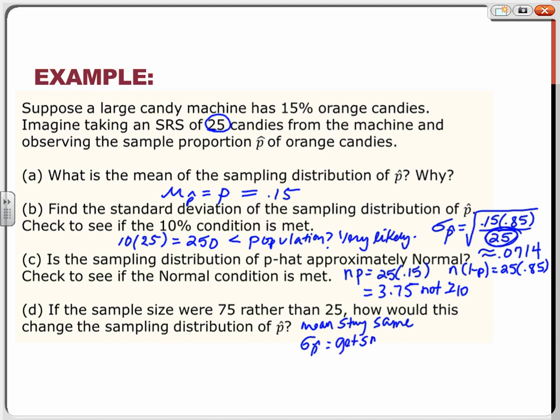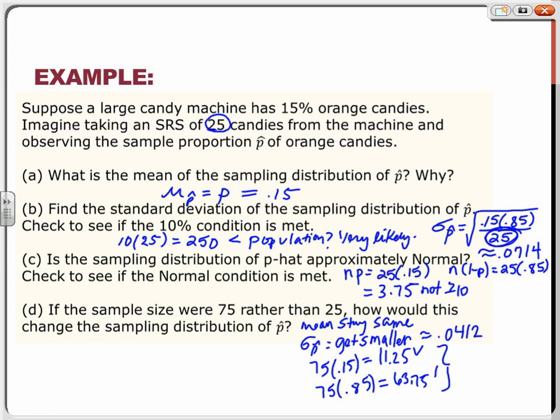In fact, you can put that in and see it's approximately 0.0412, which is smaller. And what about normality? Is that met? If I did 75 times 0.15, I got 11.25, and 75 times 0.85, I got 63.75. So the shape is approximately normal, because those are both greater than or equal to 10.